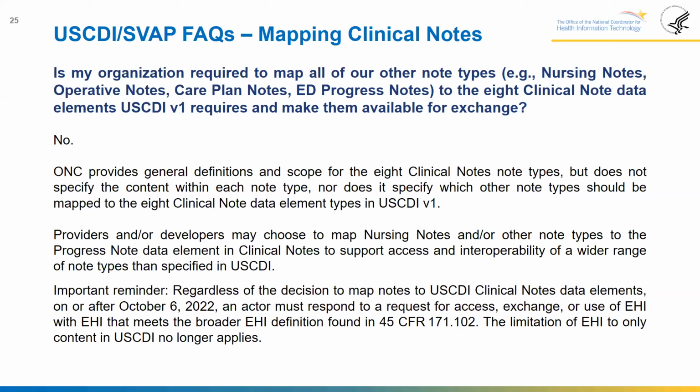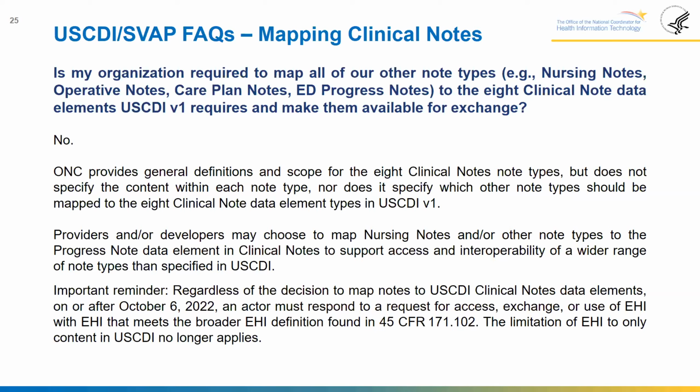Another important reminder is that regardless of an organization's decision about what to map and how to map clinical notes to the USCDI clinical note data elements, one of the dates that I mentioned earlier was October 6th of 2022. At that time, an actor must respond to a request for electronic health information based on the new definition of electronic health information, which was previously defined as limited to the content in USCDI.